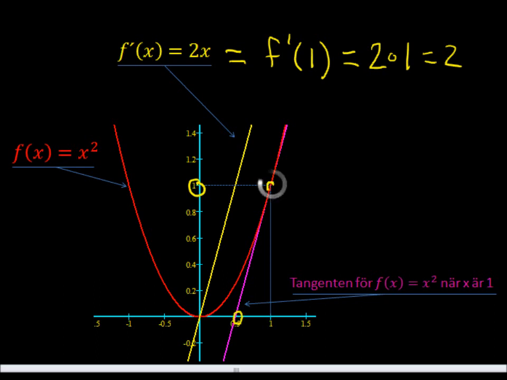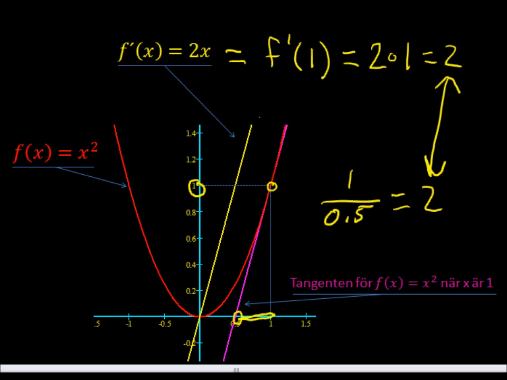And of course it meets right there, which has a value of 1. So the base of this triangle is 0.5. That's going to be our delta x. The height of it is 1. Now what is 1 divided by 0.5? That is 2. That's exactly what we expected from this yellow line here.